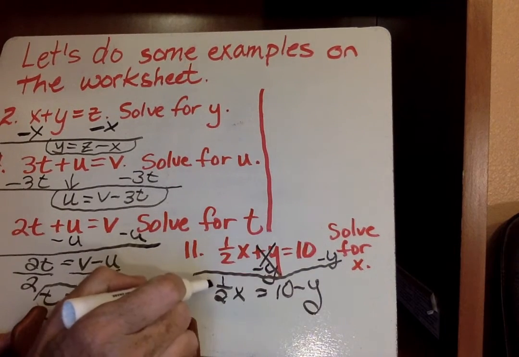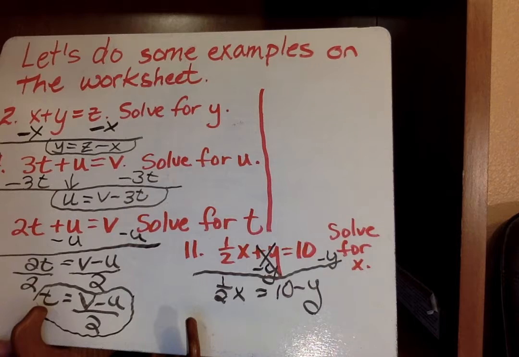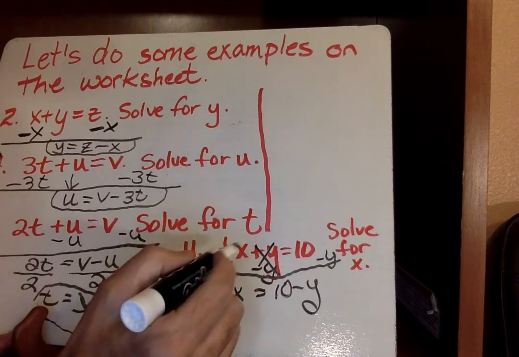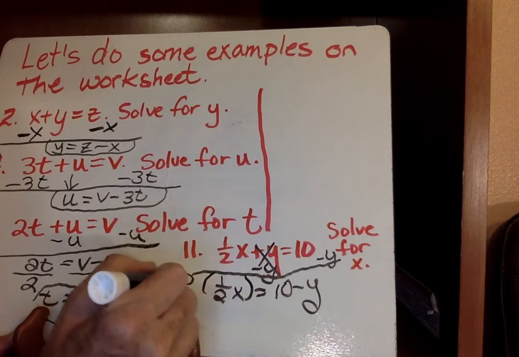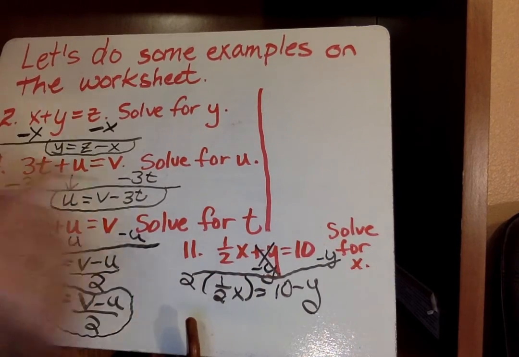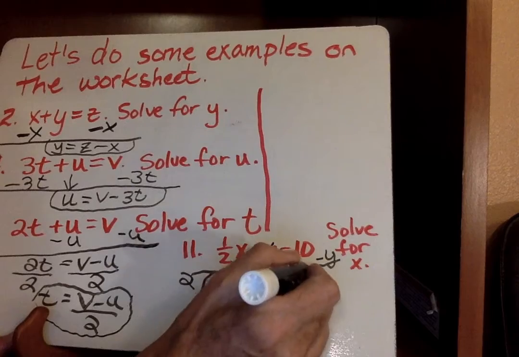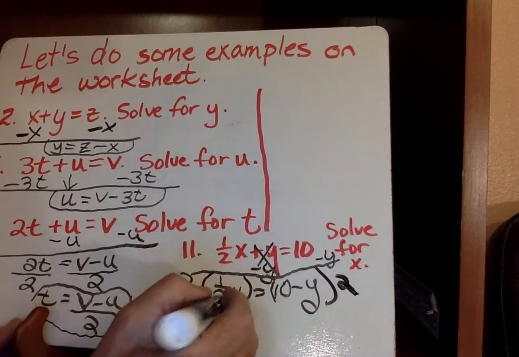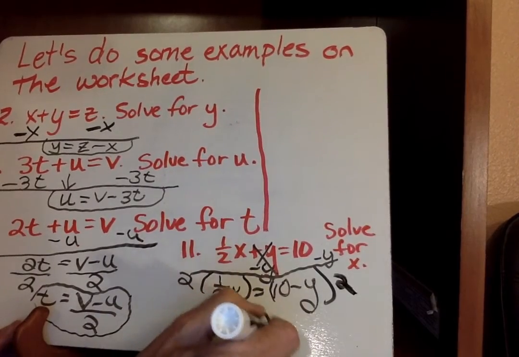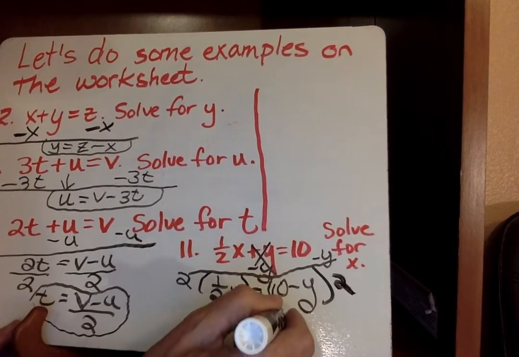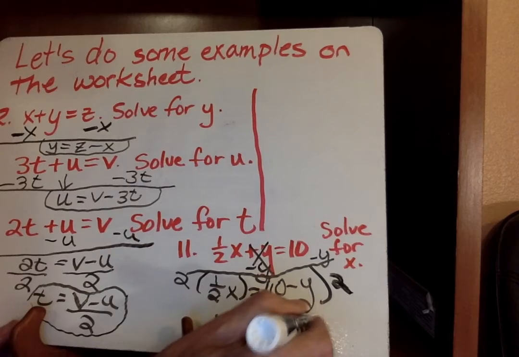Now I can see this is 1/2 times x, and I've got to get my coefficient to 1. So I'm going to multiply this side by 2, and that'll make my coefficient 1, and I'm going to multiply this side also by 2. So I get x equals 2, moving the 2 to the front, times 10 minus y.